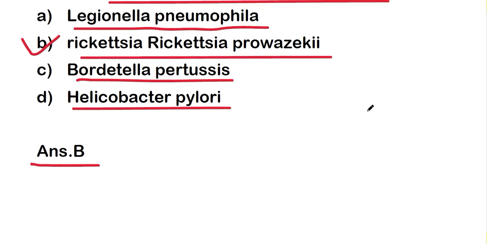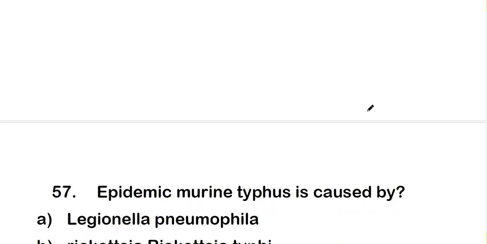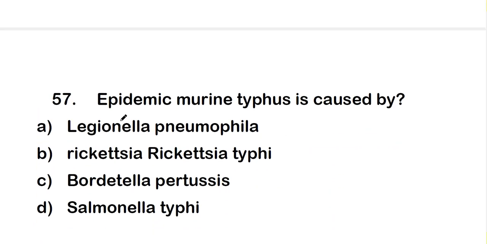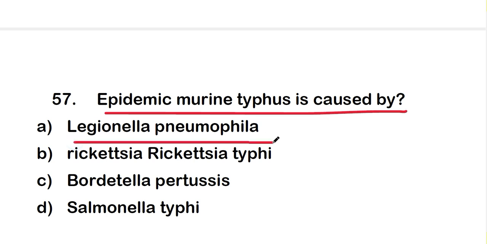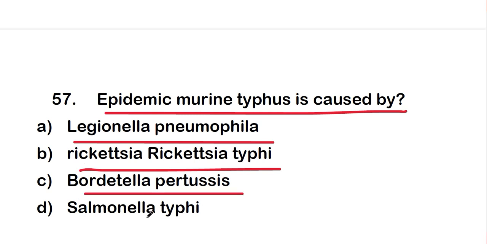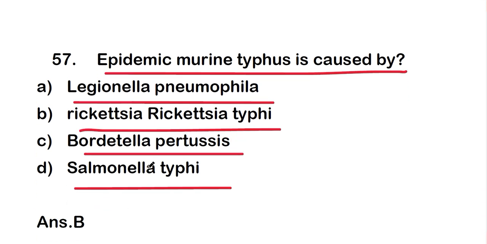Okay, so the next one is 57. Epidemic murine typhus is caused by Legionella pneumophila, Rickettsia typhi, Bordetella pertussis, or Salmonella typhi. And the right one is option B, Rickettsia typhi. So epidemic murine typhus is caused by Rickettsia typhi.